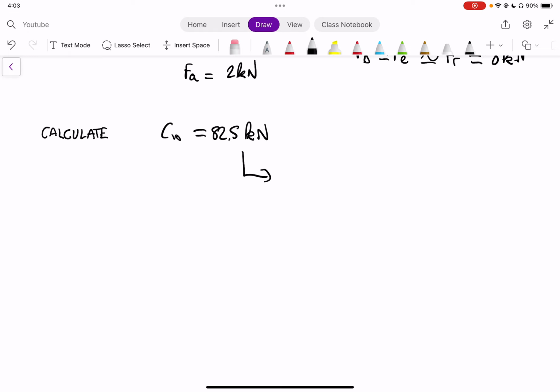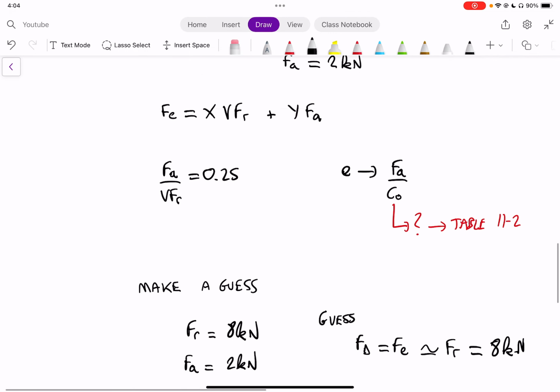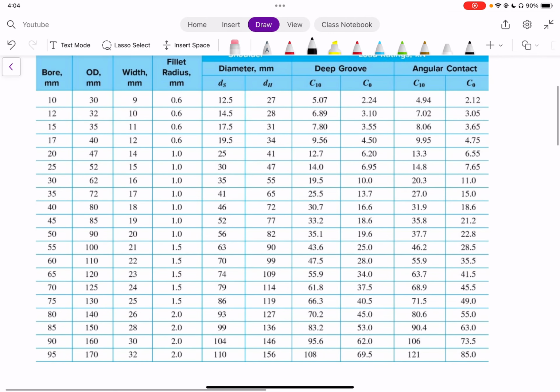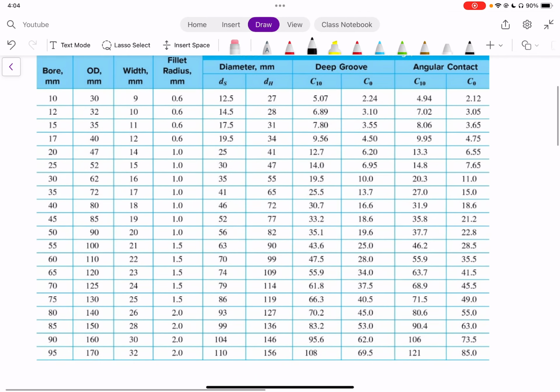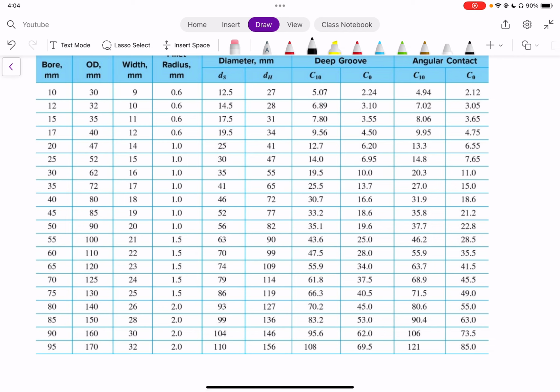Based on that C10, we would then have to choose a bearing. So we have a C10 value that's based on our guess, and we can then go and choose a bearing based on that guess. We're going to go to our table 11.2 and choose a bearing that has a slightly higher C10 than our current value.